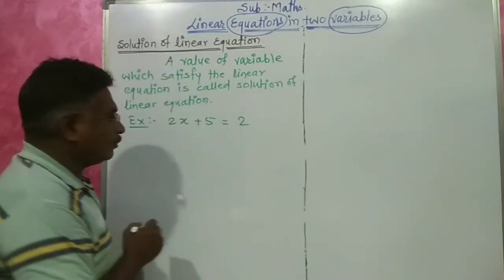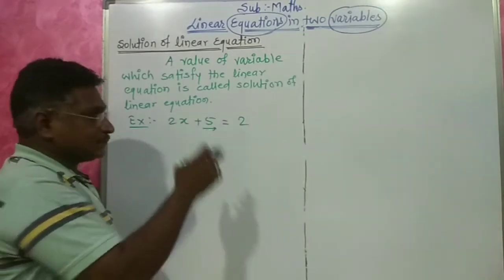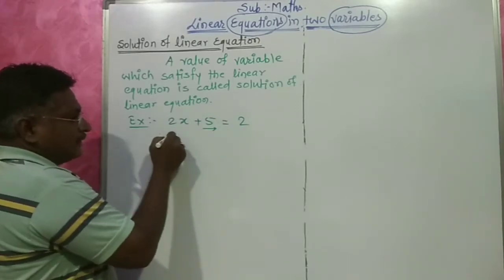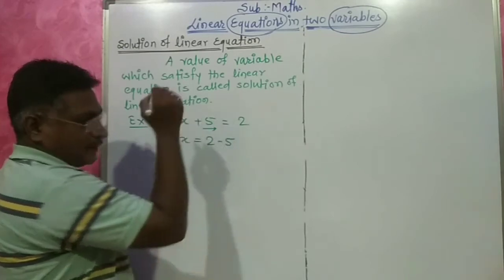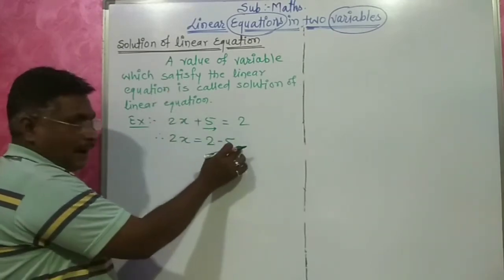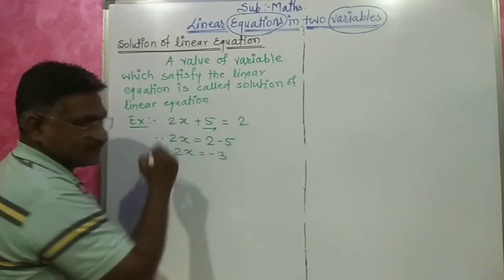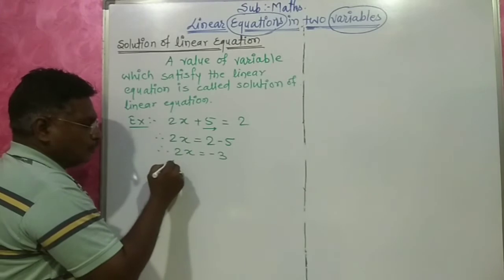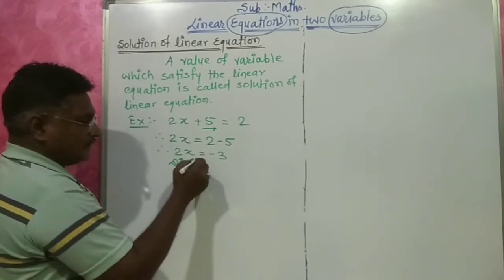So how to find it? We transpose 5. When we transpose 5, its sign changes. So we get 2x equals 2 minus 5, plus becomes minus. So 2x equals minus 3. What is the coefficient of x? 2. So divide by the coefficient of the variable.